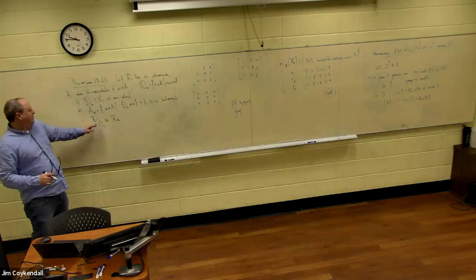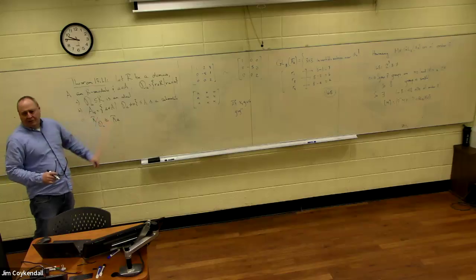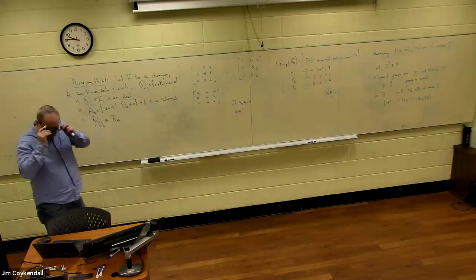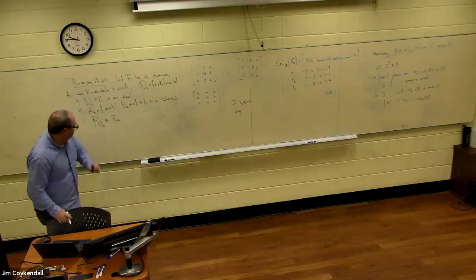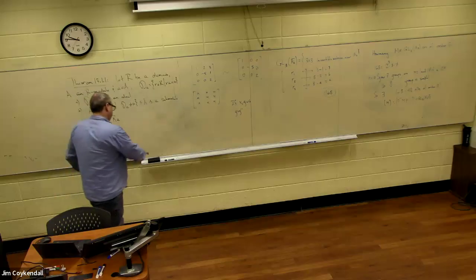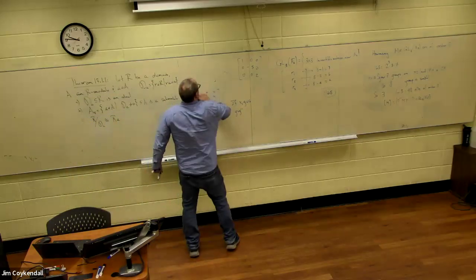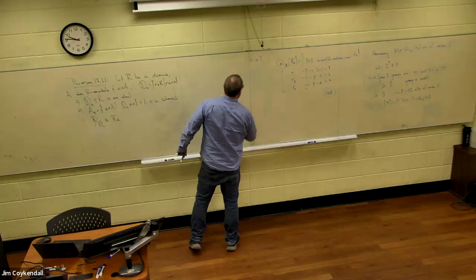Of course, this is an ideal. R mod D of A is isomorphic to the ideal generated by A and R. Now let's suppose also that R is a PID.